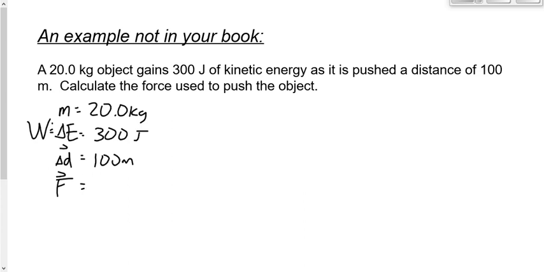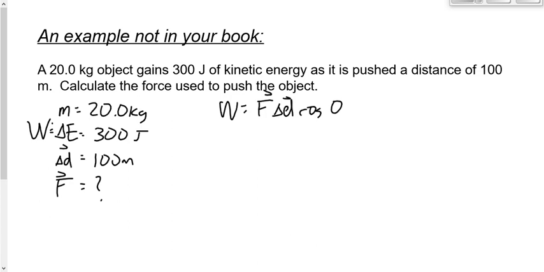If the angle is 0, what version of the equation should I use? FD. Why don't I just leave it there? I mean, if I say cosine 0, what's cosine 0? 1.